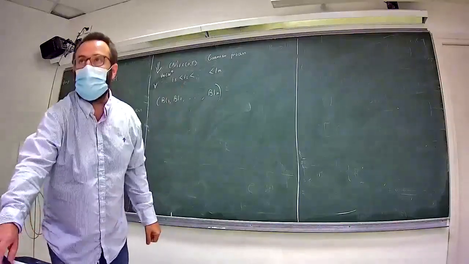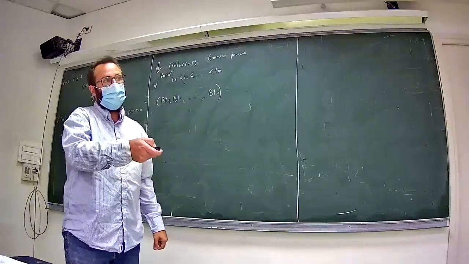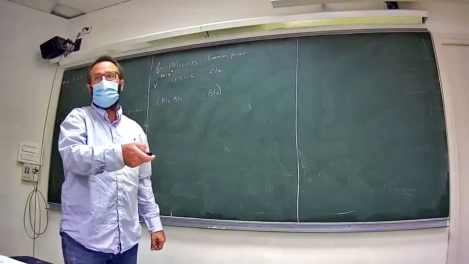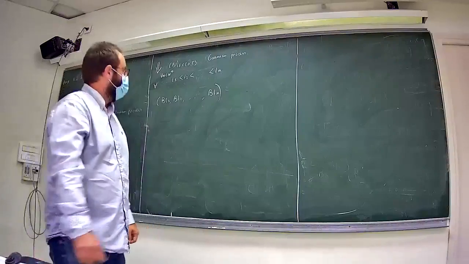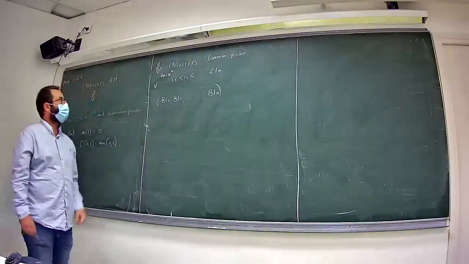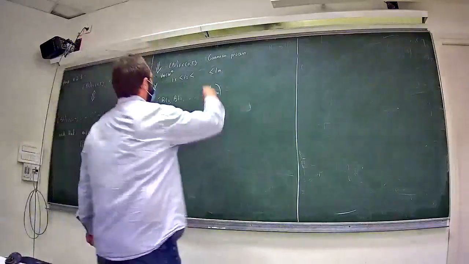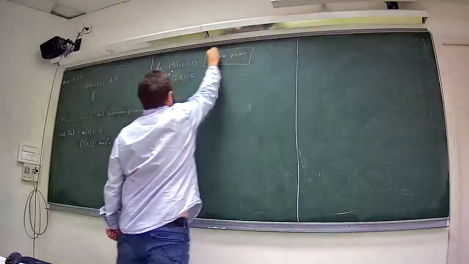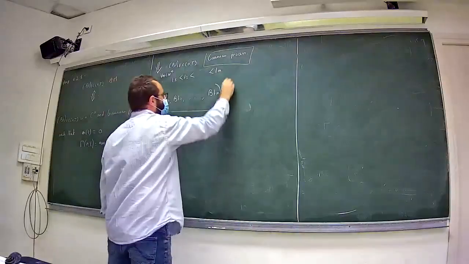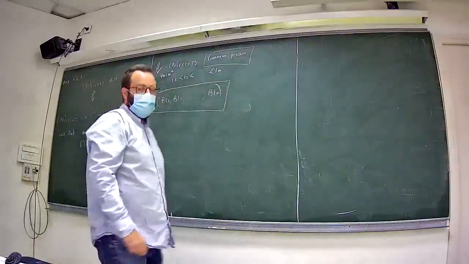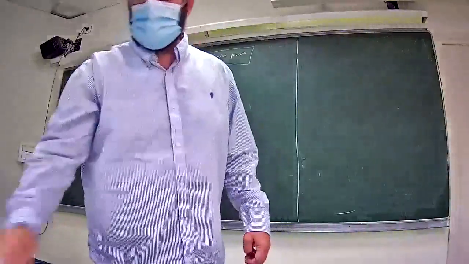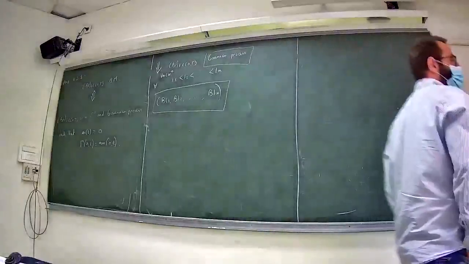Because you see that in the definition, I have t strictly greater than s. So I want to prove that B_t is a Gaussian process, and so I am interested in this one, and I want to prove that this one is a Gaussian vector.